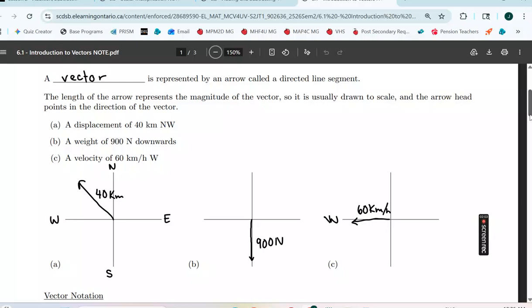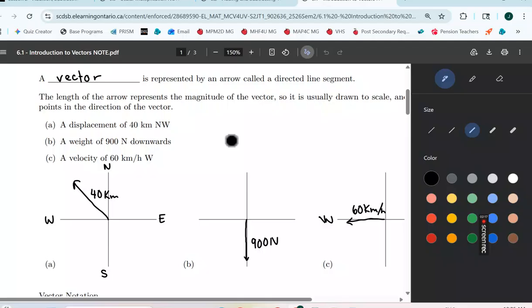So the first one we've got a displacement of 40 kilometers northwest. Sorry, I think I opened it in the wrong one. There we go. Northwest. So that's this example here. This arrow that I drew is a vector. I'm not giving it an exact size, but it says it's a displacement of 40 kilometers.